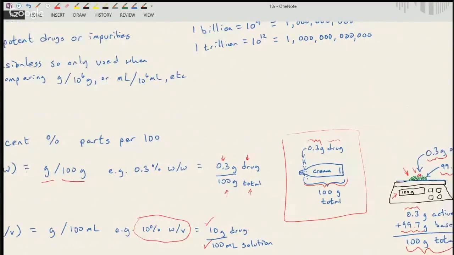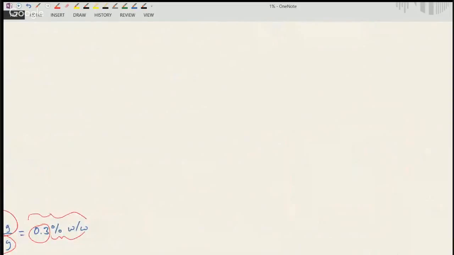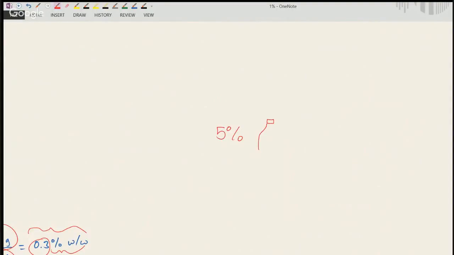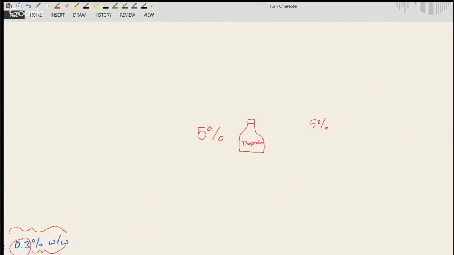So if you have a 5% solution of, let's say, ibuprofen, and let's say that we have 50 mLs of it.